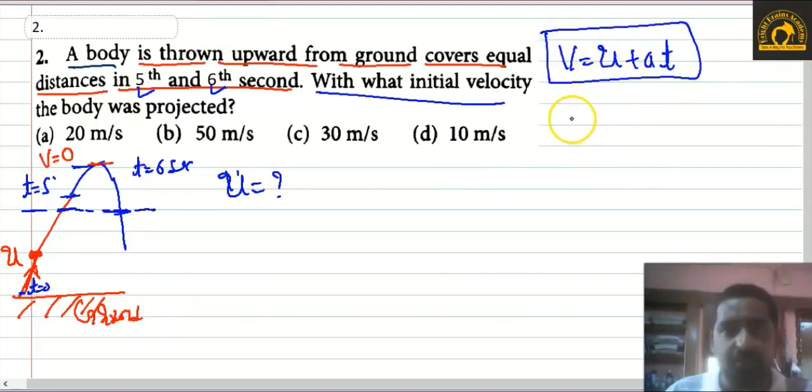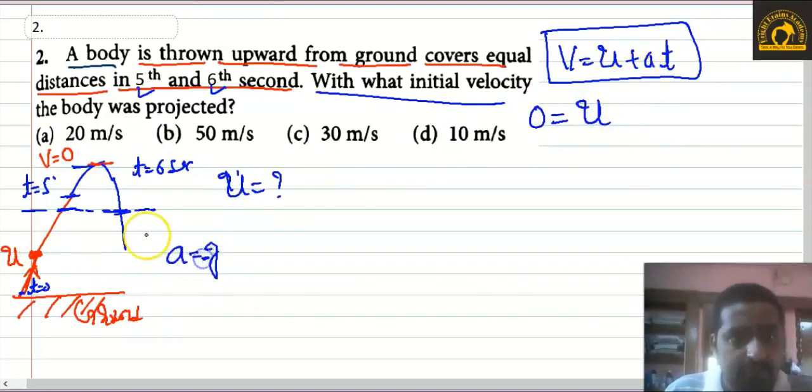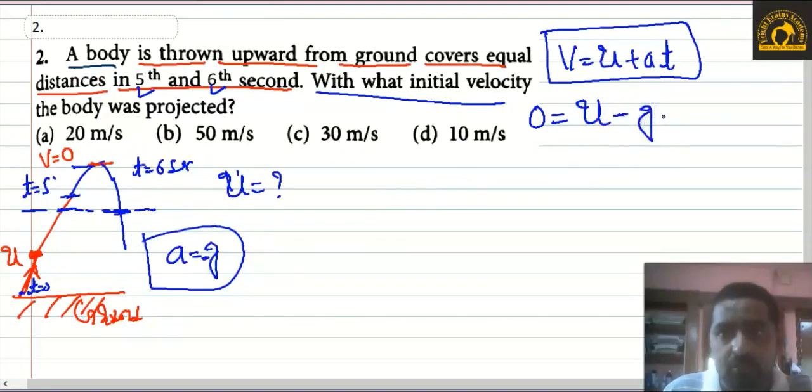Okay, general equation. The final velocity of the body is 0, which is equal to initial velocity, and since it is upward, a is equal to minus g, multiplied by time. Time is how much?